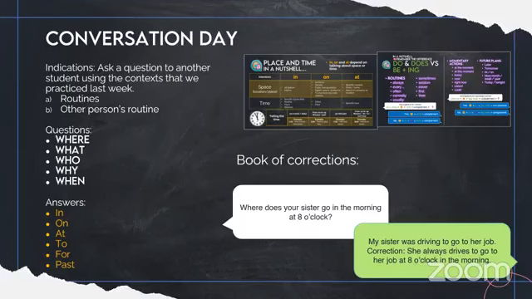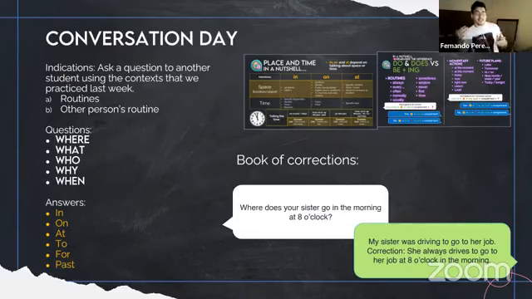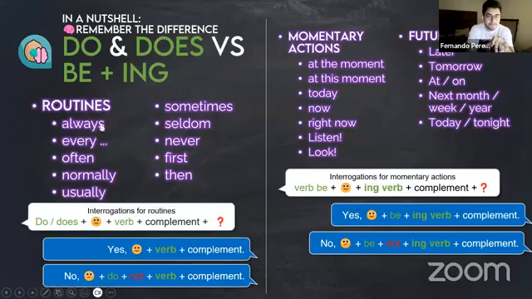So in this case, you need to pay attention to the auxiliary. When you detect the auxiliary, you detect the context. If the question is does, you are questioning about routines. If the question is are, is, then the question is different. And if the question is past, is was and where, but we are not talking in past.